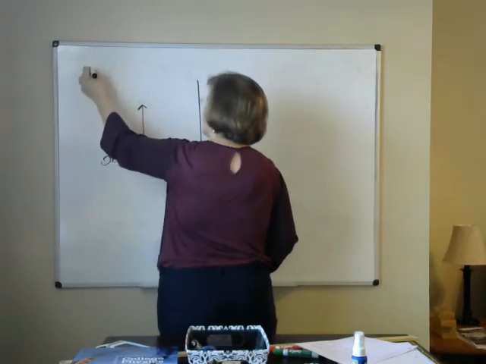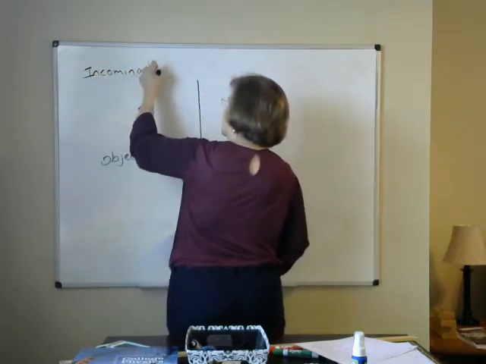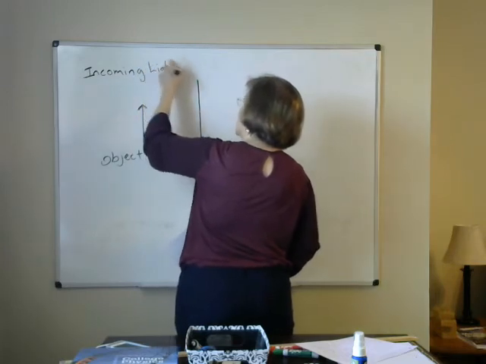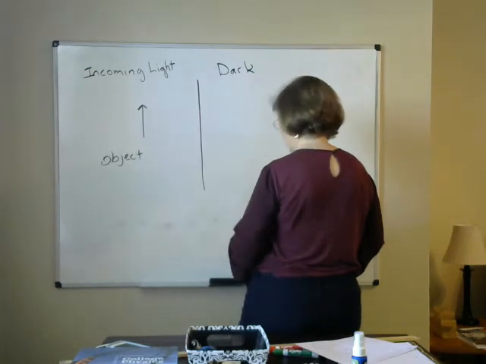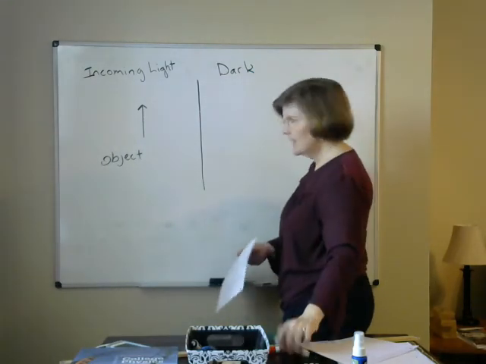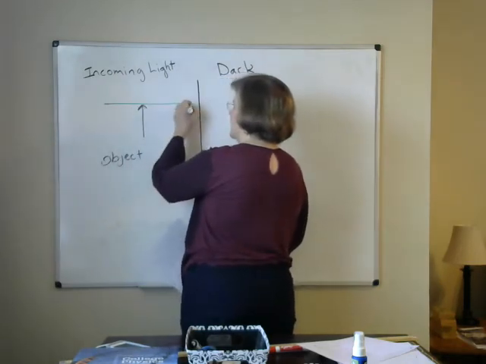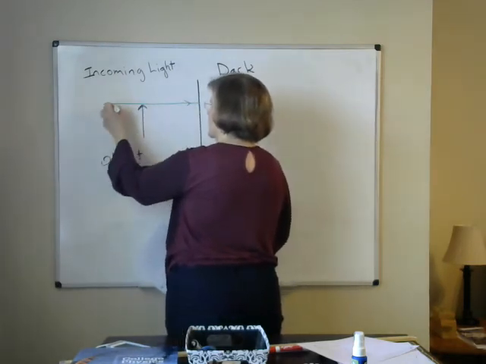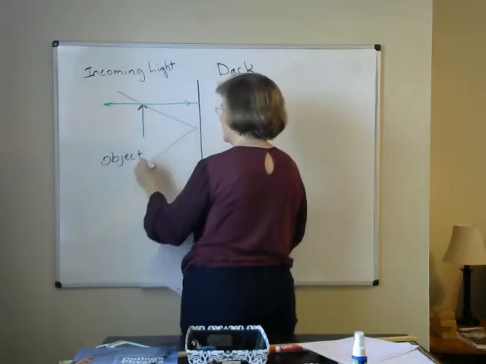This is the side of the incoming light. Light was coming in on this side. This side's completely dark. So we had rays that were hitting the mirror. I don't need to draw all of them, but hitting the mirror and then turning around and bouncing off. And some of the rays were coming in at angles and bouncing off at other directions.